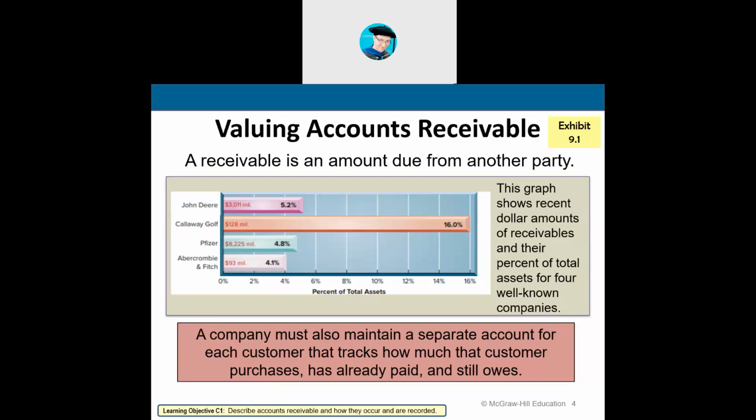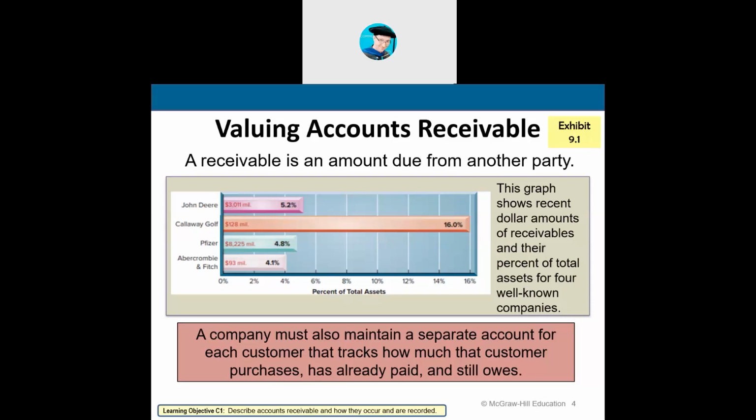Companies have a lot of customers, as you would hope, right? So let's say you have a company and you sell to multiple customers on account, meaning accounts receivable. There must be separate accounts for each customer in order to track how much that individual customer has purchased and owes you and what they've already paid.